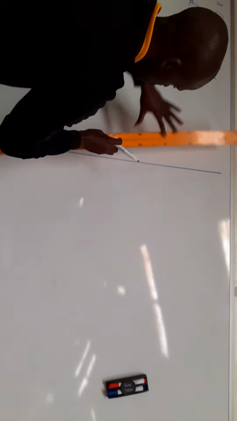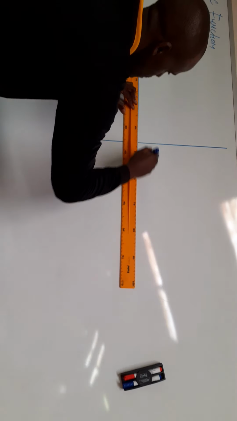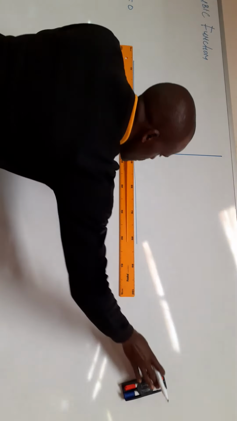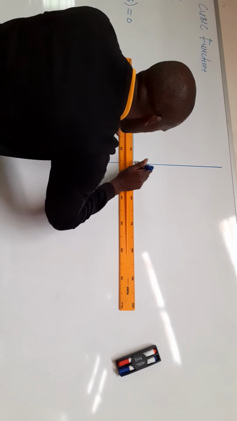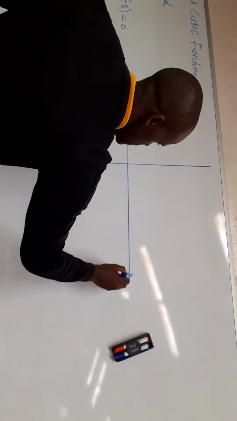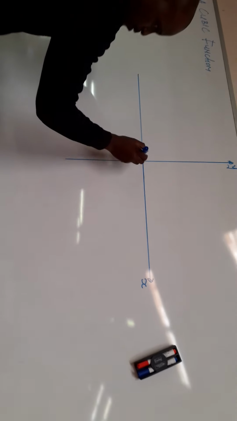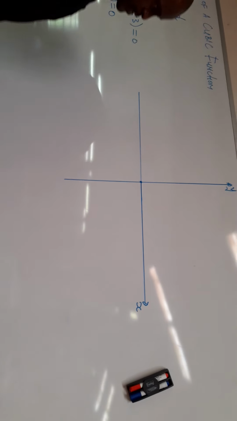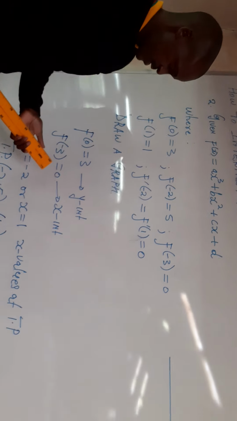Let's draw the Cartesian plane. Right, that's our Cartesian plane. It's x here, it's y there. That's the origin. Right, let's start with the x and y intercept.